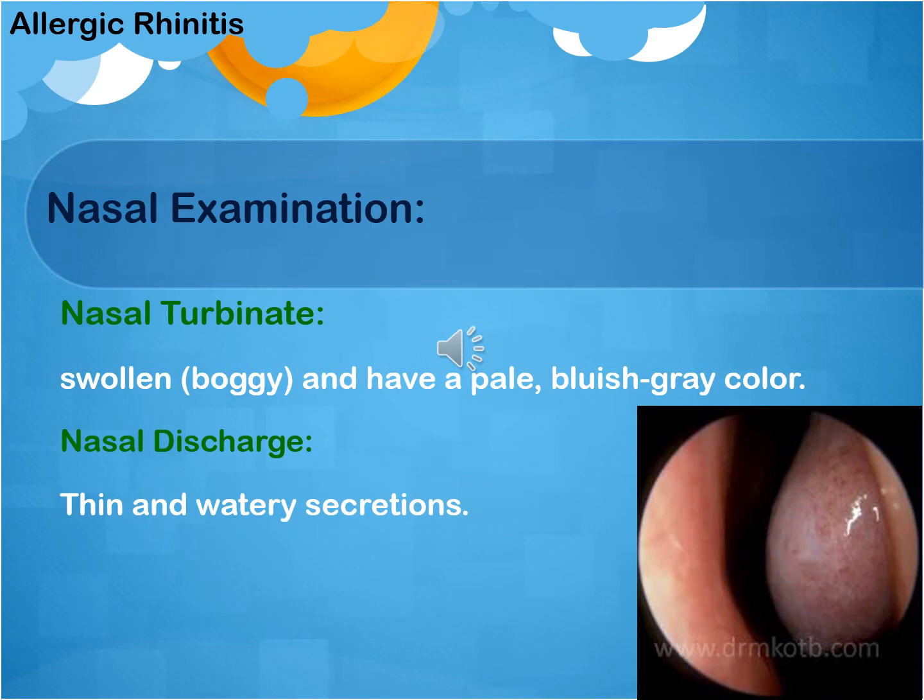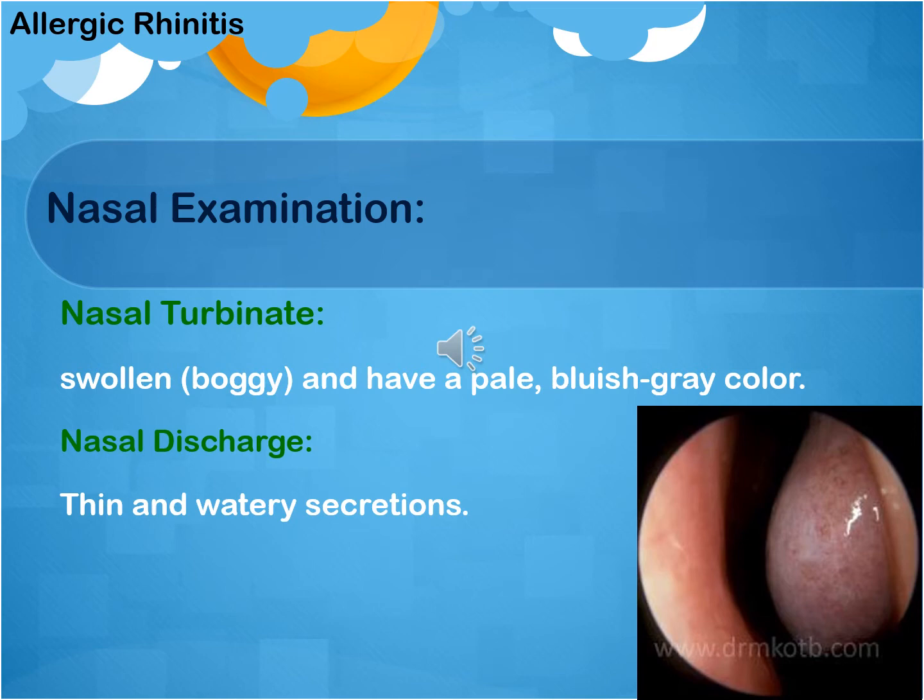Regarding local signs, it's very characteristic to see this color of the inferior turbinate or the nasal mucosa. It's blue-gray mucosa with a thin, watery discharge, and you feel the turbinate like a sack filled with water.